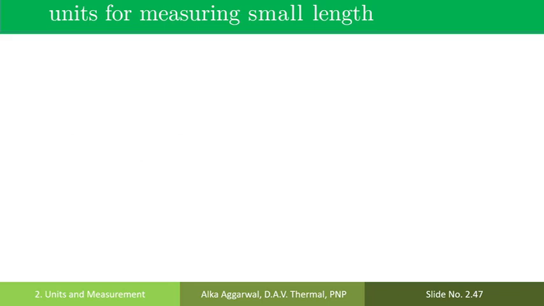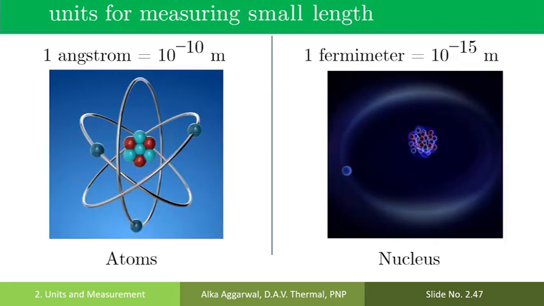The units which are used for measuring the small lengths. First is 1 angstrom, and 1 angstrom is equal to 10 to the power minus 10 meter. And 1 angstrom is represented in this way. It is a symbol of angstrom.